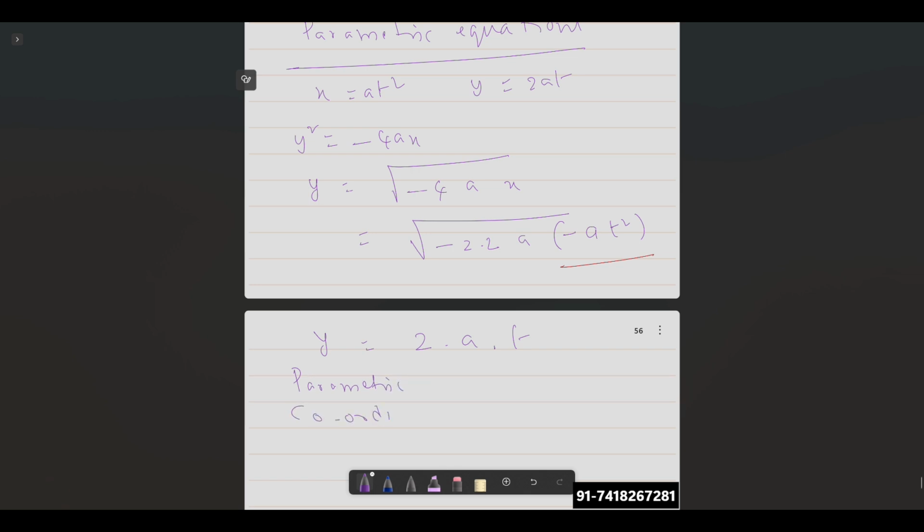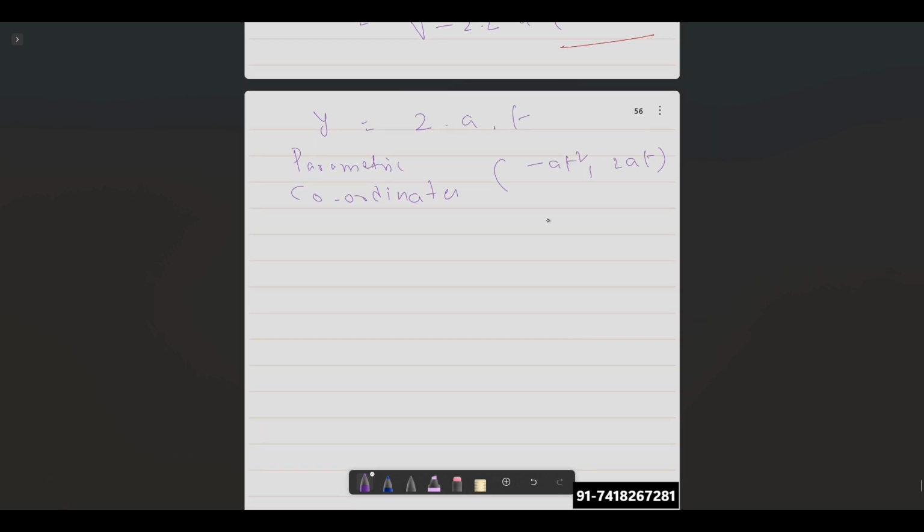So in this case, your parametric coordinates equal minus at square comma 2at. This is obvious. How is it obvious? Because earlier, y square is equal to 4ax opens this side, and y square is equal to minus 4ax will be like this.